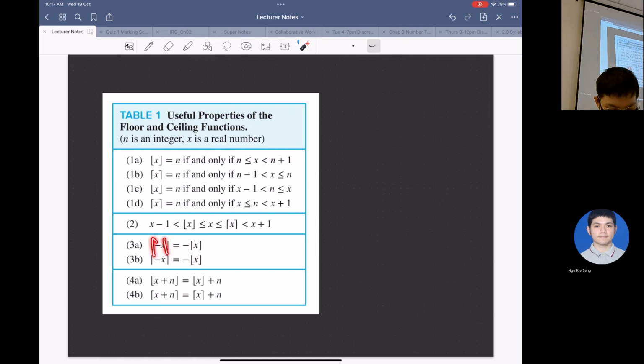And also you can move the addition of a scalar n out, where n is an integer. So you can move any integer out. That means to look at 6.5, you can just move the 6 out and then look at the 0.5. So you just need to consider the decimal place.